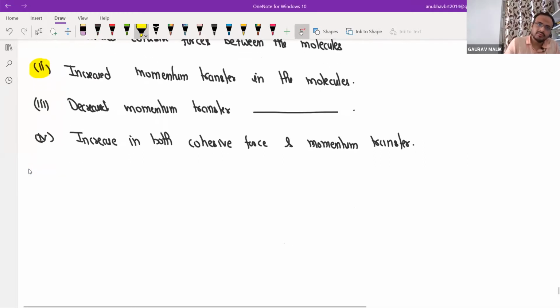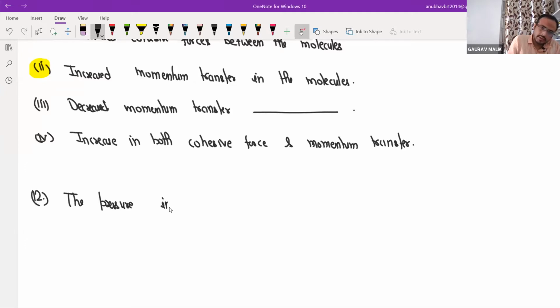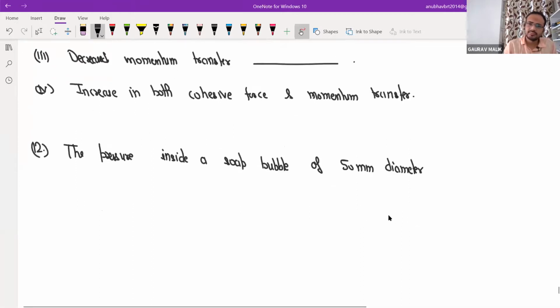Last question, that is 12. The pressure inside a soap bubble of 50 millimeter diameter. You will get such type of question in GATE.